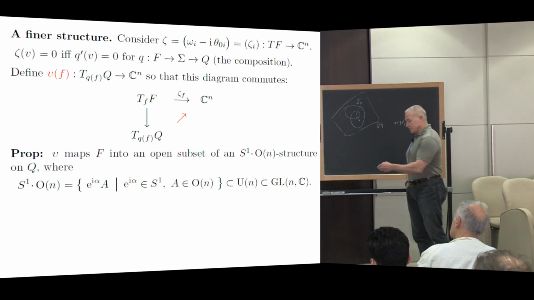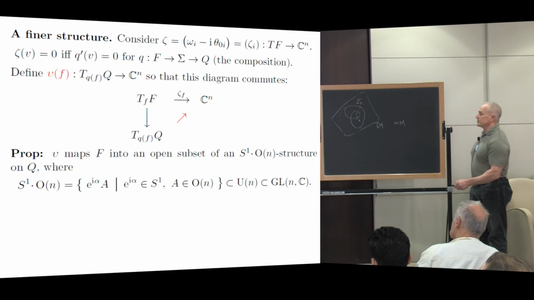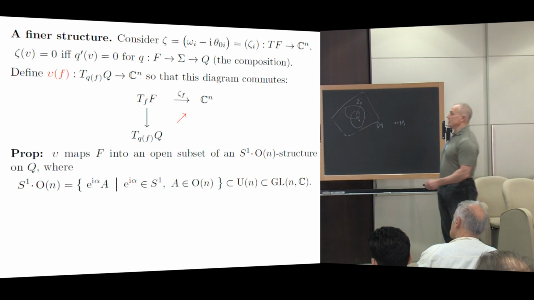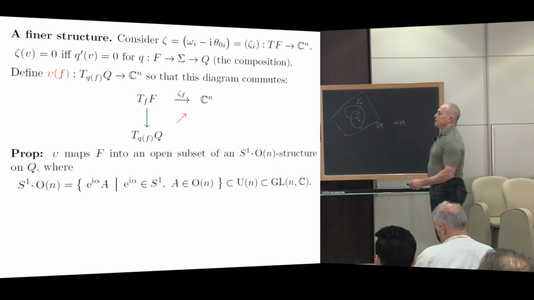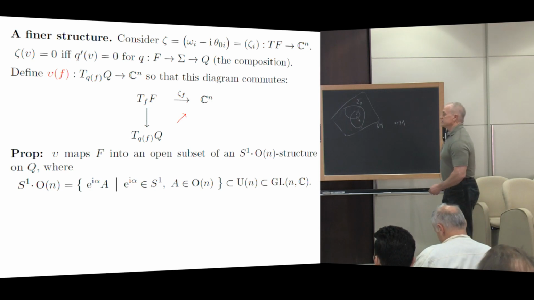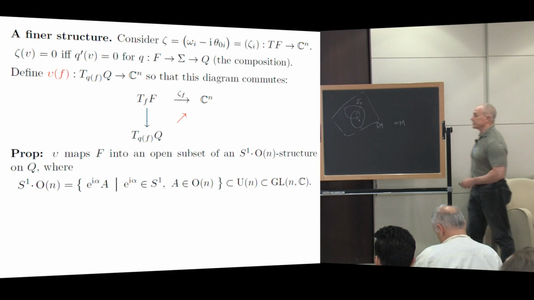It's not a finer structure there, but as soon as n gets bigger than 1, this is a much smaller subgroup than this guy. And so this extra S^1 times O(n) structure on Q, this reduction, is a non-trivial reduction.